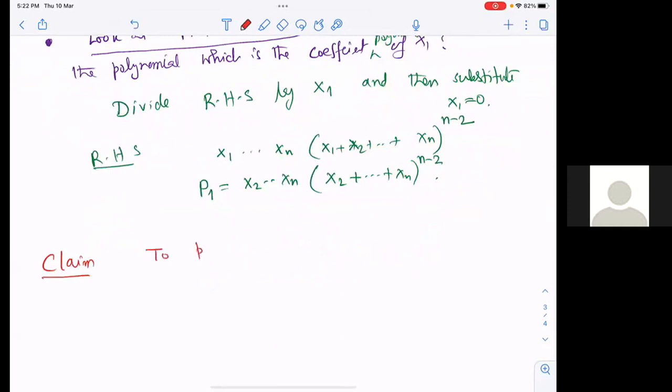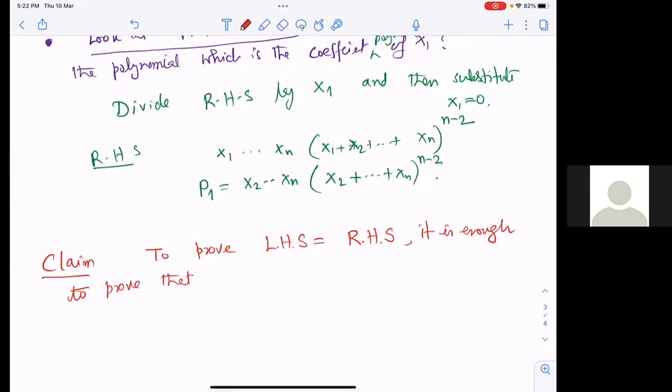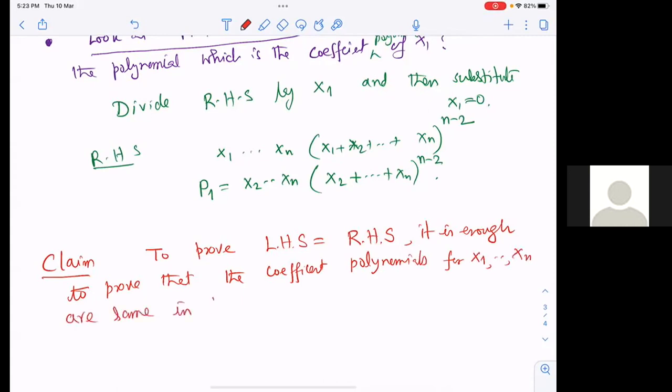To prove LHS equal to RHS, it's enough to prove that the coefficient polynomials for x1, xn are the same in LHS and RHS.